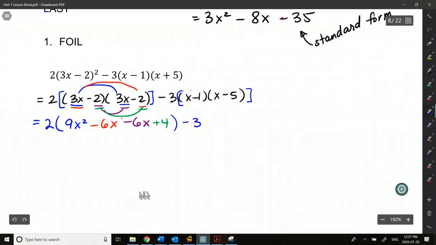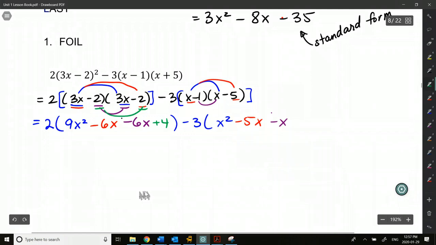Okay, and then same thing over in your brackets here. You're going to do firsts, which will give us x squared. Outsides, negative 5x. Insides, negative x. And lasts, positive 5.